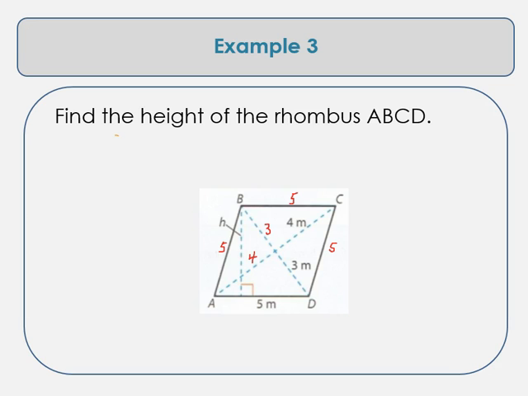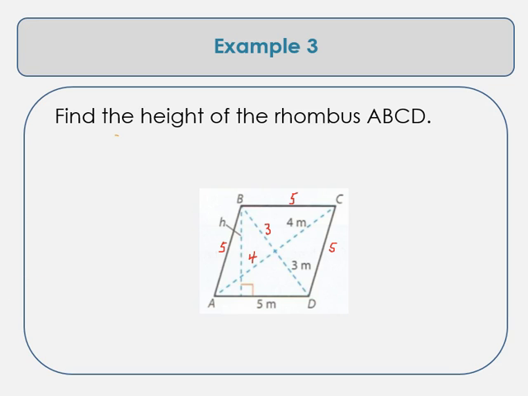I like to do this just to keep things straight in my head. I've gone ahead and added the other side of the measurements here. This whole diagonal is 8, this whole diagonal is 6, and each side is 5. This can get confusing when you're working these problems, so it helps.